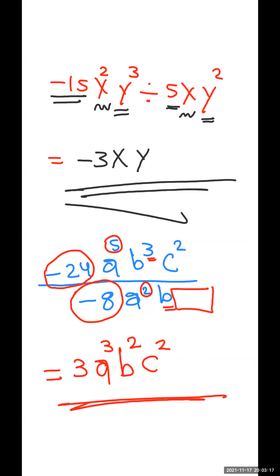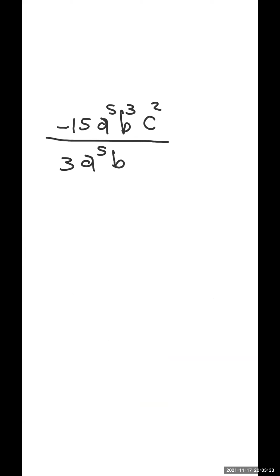Okay, now concentrate on this question. If the question is like that, negative 15 a to the power 5 b to the power 3 c to the power 2 over 3 a to the power 5 b to the power 3 c. The same procedures, guys.